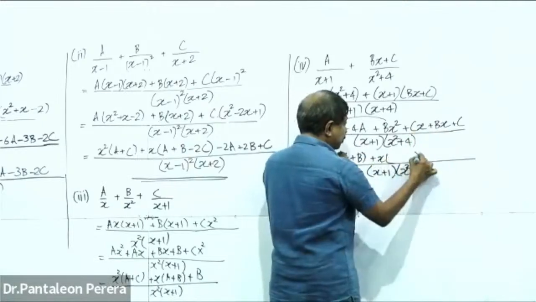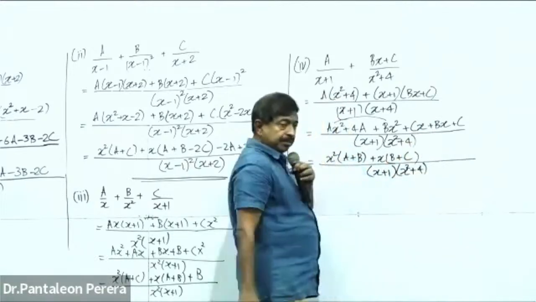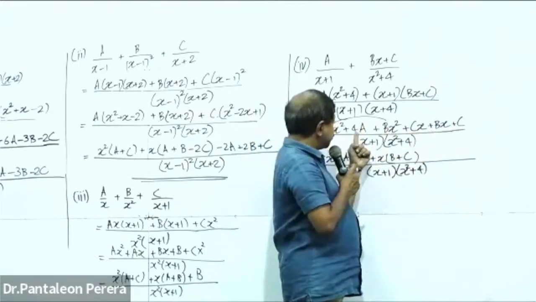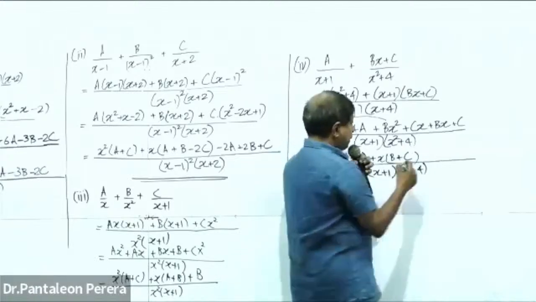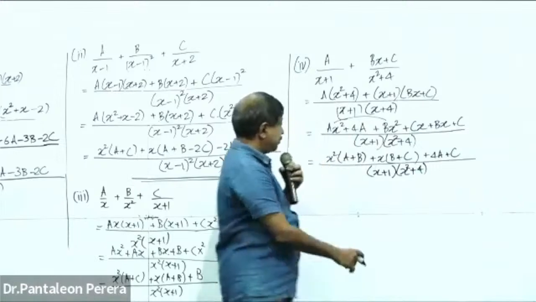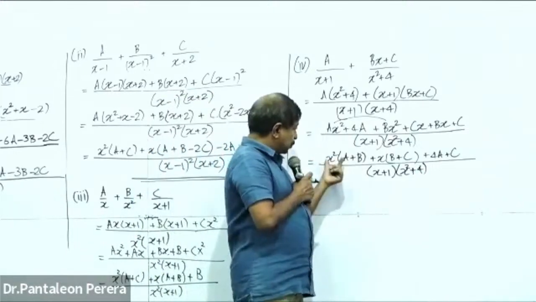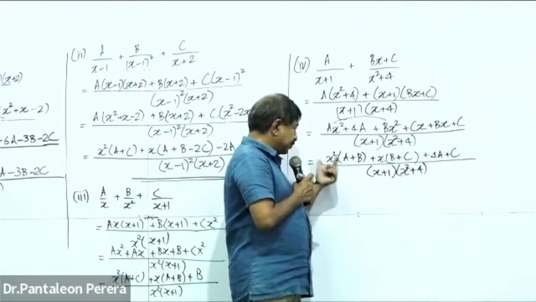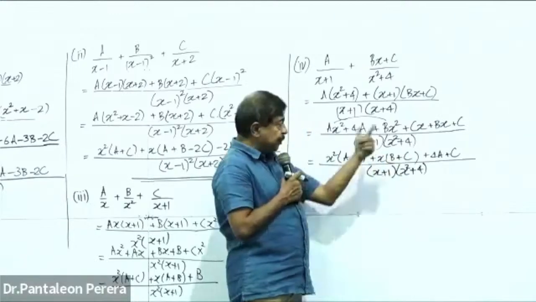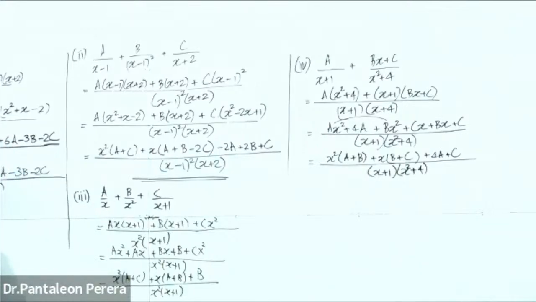So if you pull out x from those two, you get b plus c or c plus b, whatever. There are two constant terms. So 4a plus c. Right. Always pull out x squared or x cubed, whatever the highest power you have, get the constants, pull out the next power, get the constants. So you have to leave it like that, because that's what you need to do in partial fractions.